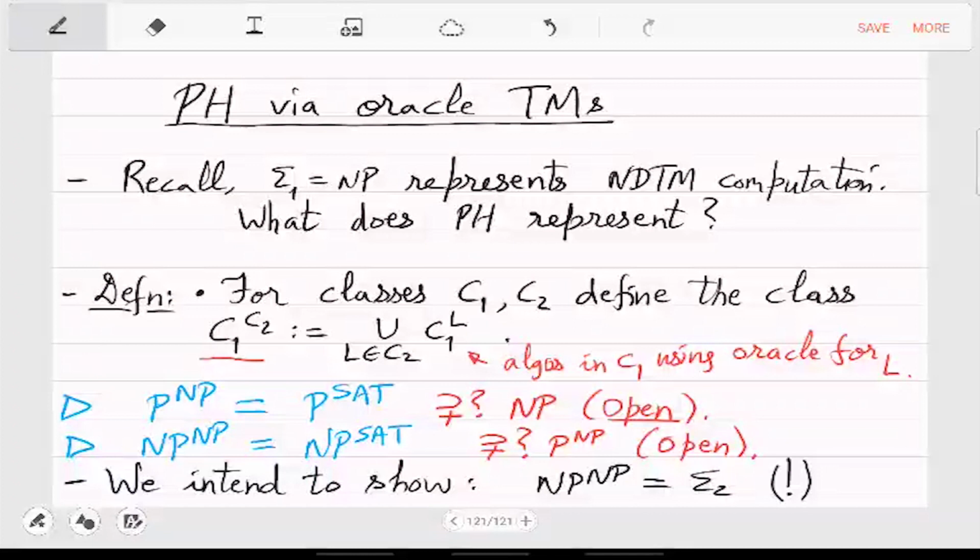Okay, this is what we will show. So that gives you a new insight into these quantifiers. Okay, so there exists for all is like an NDTM calling another NDTM oracle.